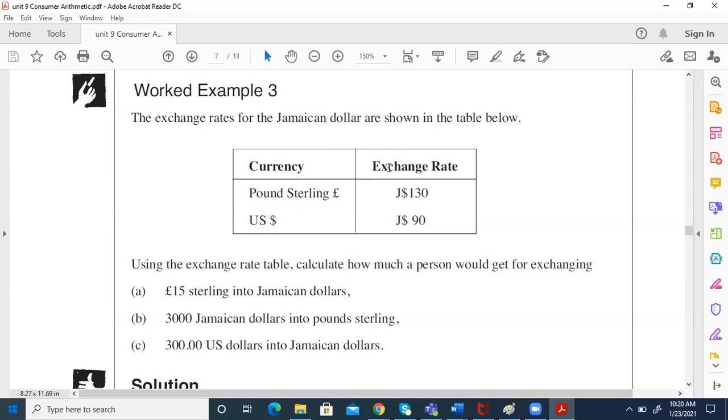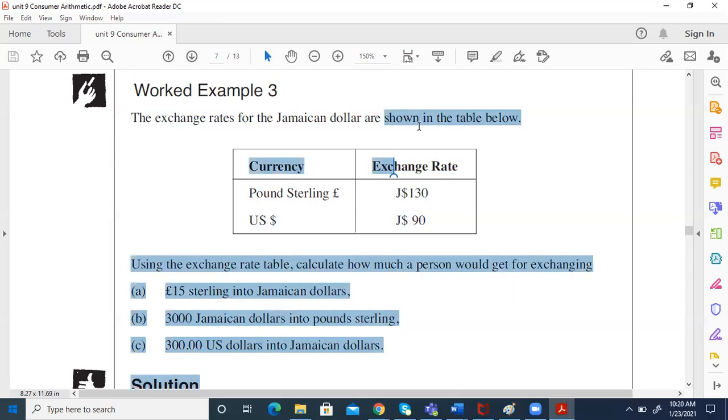When you go to the bank and you have some foreign currency, they'll buy it from you for a little bit of money. For example, if you have US dollars, they buy it from you for, I don't know, 130. But if you want to buy US dollars from them, they sell it to you at some exorbitant amount, probably 145, 150. But the good thing about this is they just give you one rate.